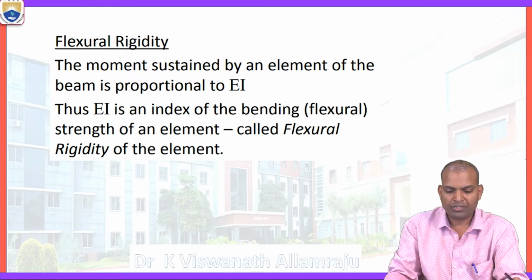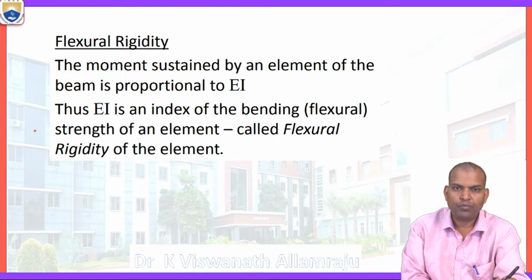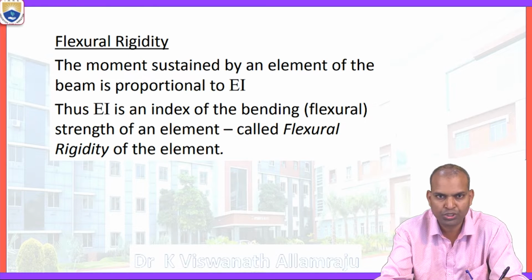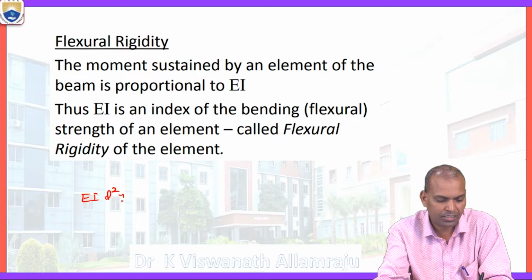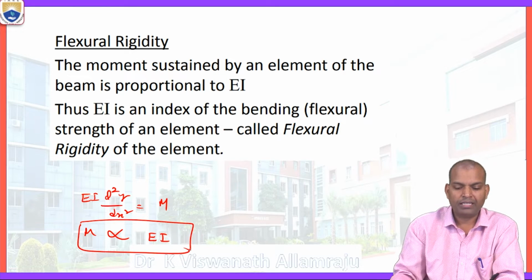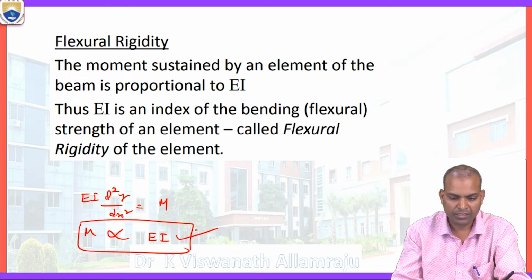Why? Because the moment sustained by an element of the beam is proportional to EI. That is EI d square y by dx square equals M, or M is proportional to EI. So EI indicates the index of the bending or flexural strength of the element.